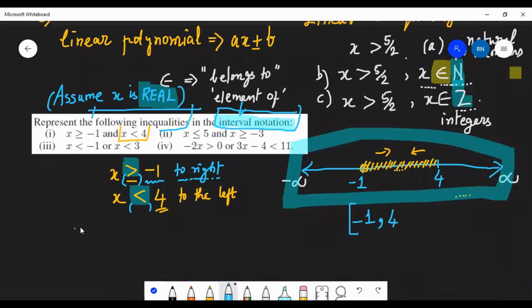So when there is equal to along with an inequality symbol, either greater than or less than, then you use the square bracket, whether it is at the beginning or the end.